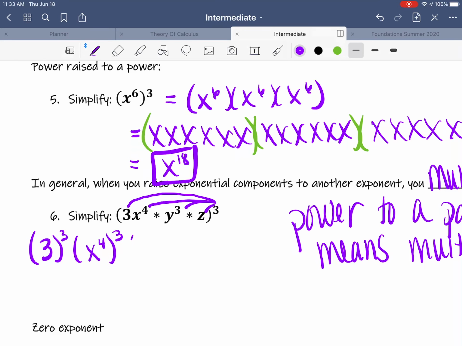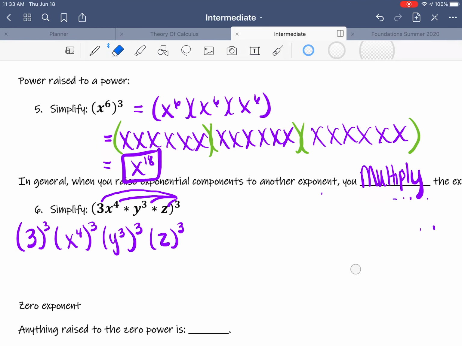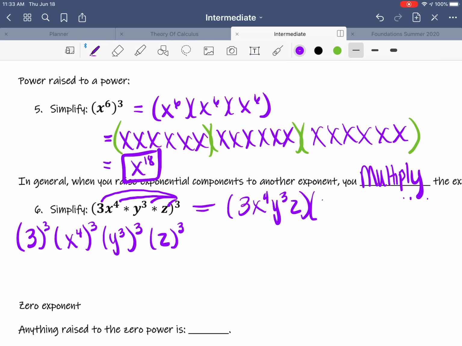X to the 4th to the 3rd, y to the 3rd to the 3rd, z to the 3rd. So I've distributed this power because I know that, let me just show that really quick. Erase this so you can see it. By definition, this is saying 3x to the 4th, y to the 3rd, z 3 times.